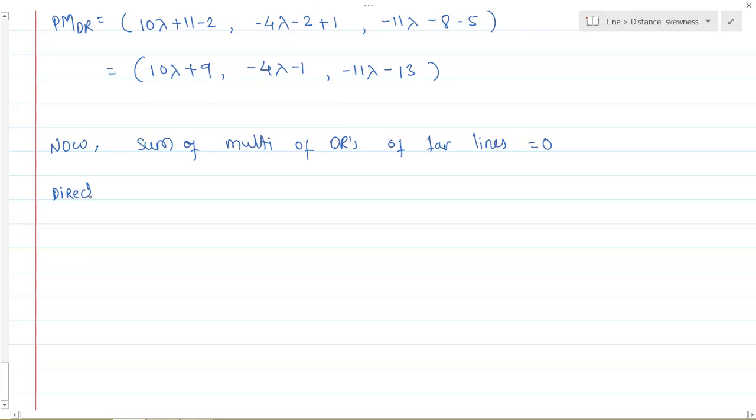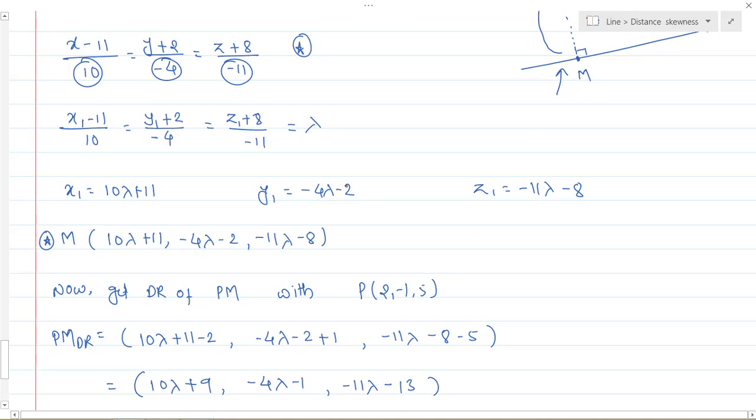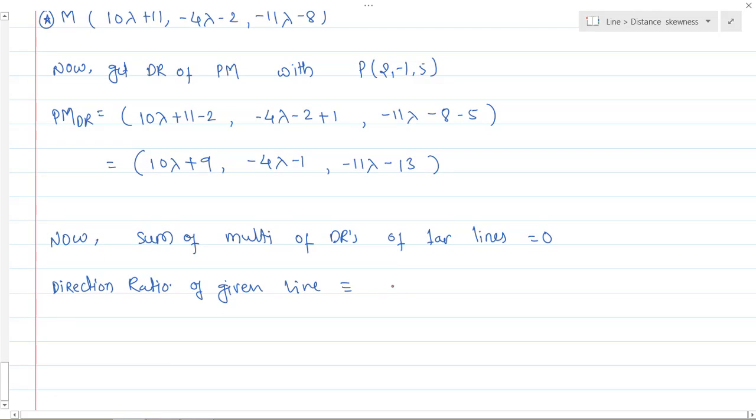They are 10, minus 4 and minus 11. So it is 10, minus 4 and minus 11.